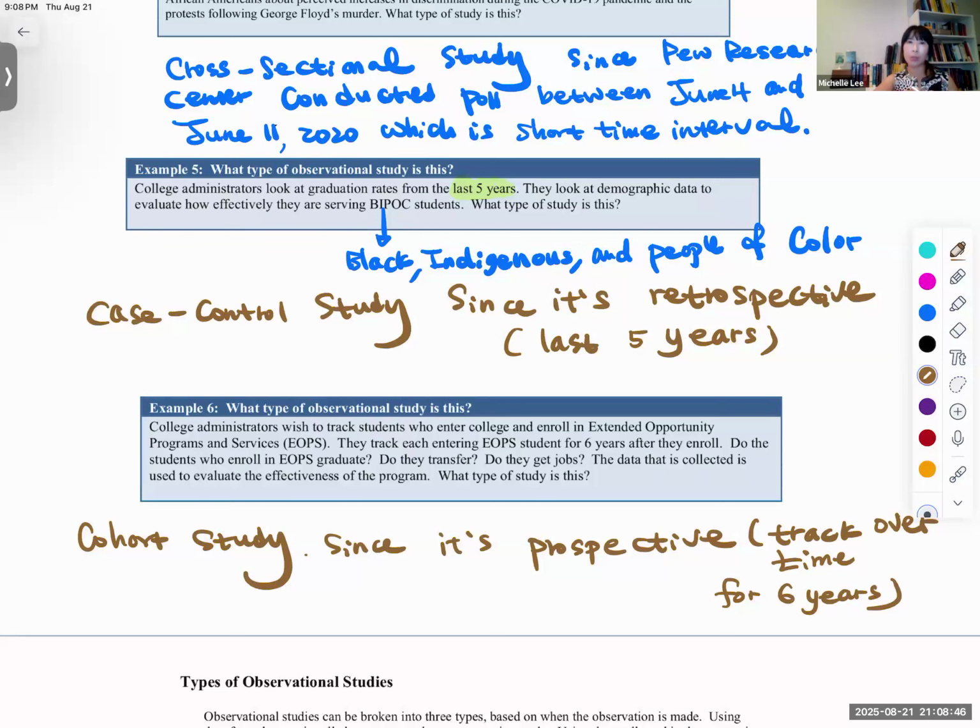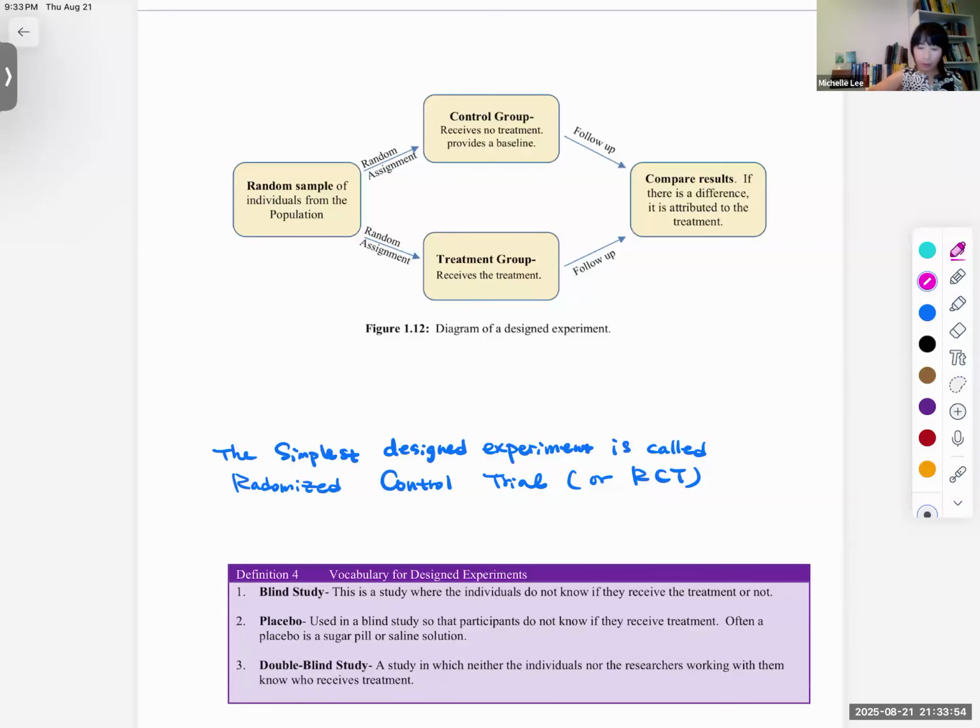And then there are keywords. Cross-sectional study is one point or short time interval. Case control study, retrospective, and then cohort study is prospective. All right.